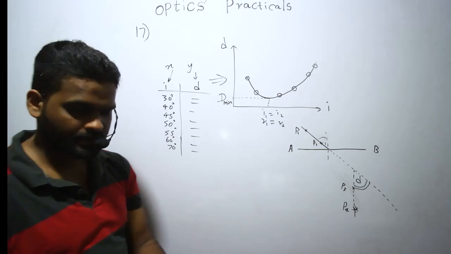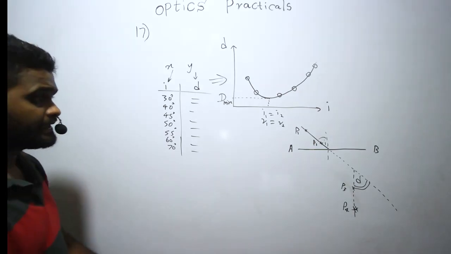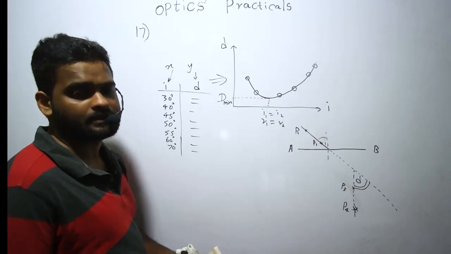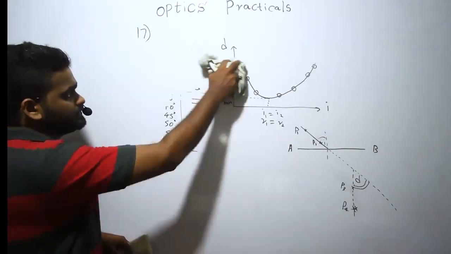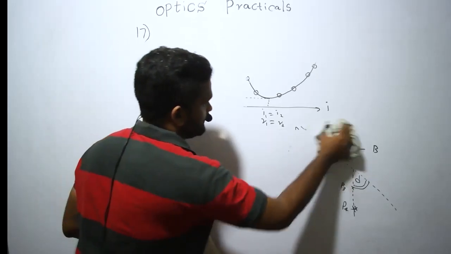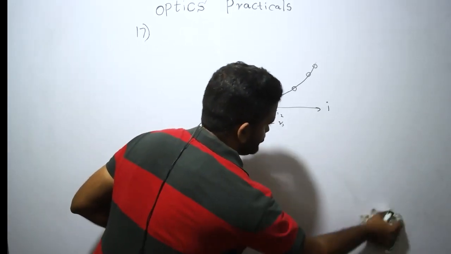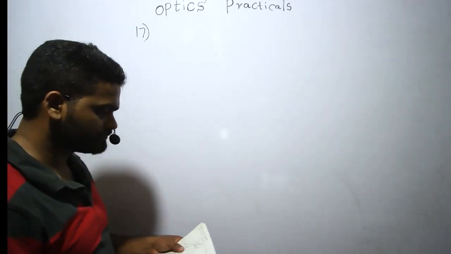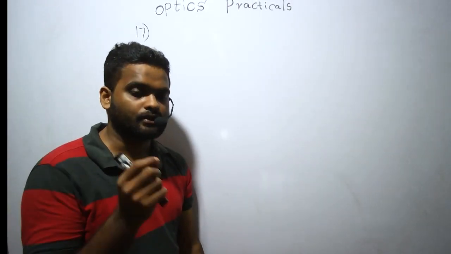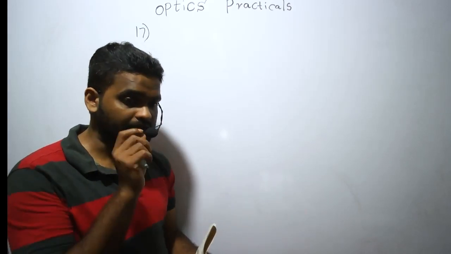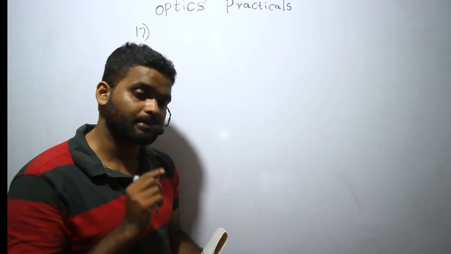D min. Okay. Then write a subtopic, finding prism angle, within brackets capital A. So here in the diagram, you have to clearly see where the prism angle is, right?